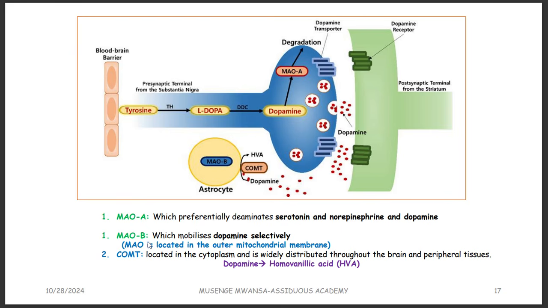MAO B is selective to dopamine, not the others. So most of the drugs you're going to see are specific MAO B inhibitors. And then you also have COMT, which is located in the cytoplasm, which will be able to break down the dopamine to homovanillic acid.